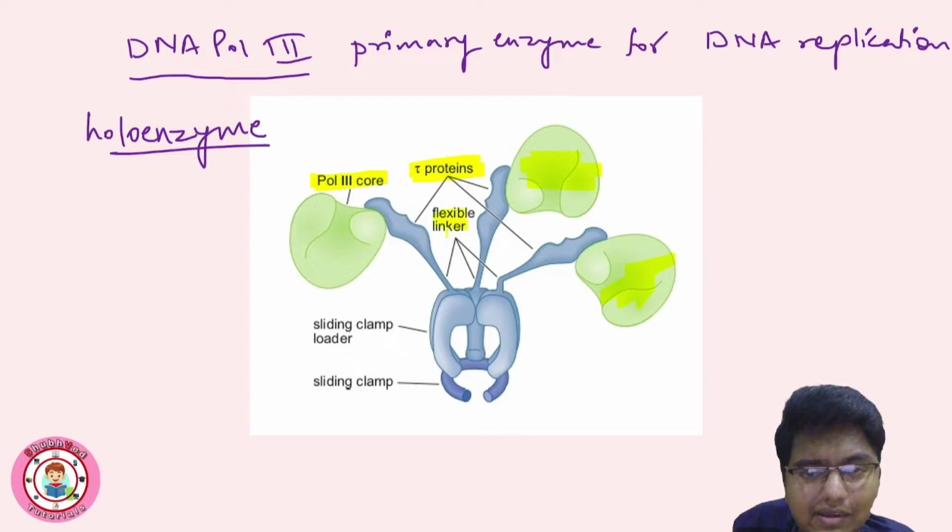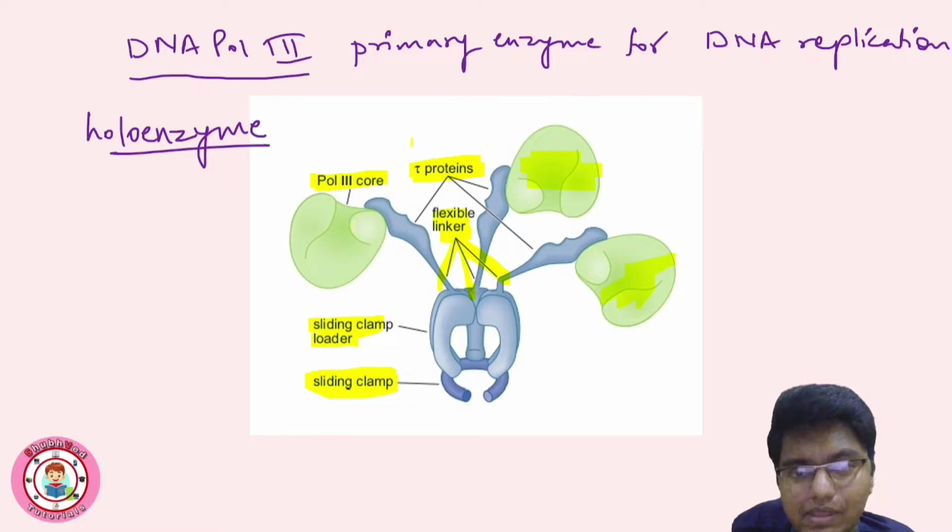They are flexible, and they will slide on the DNA strands. Now, the sliding clamp is one subunit of the holoenzyme. This is the complex, and this is the sliding clamp.